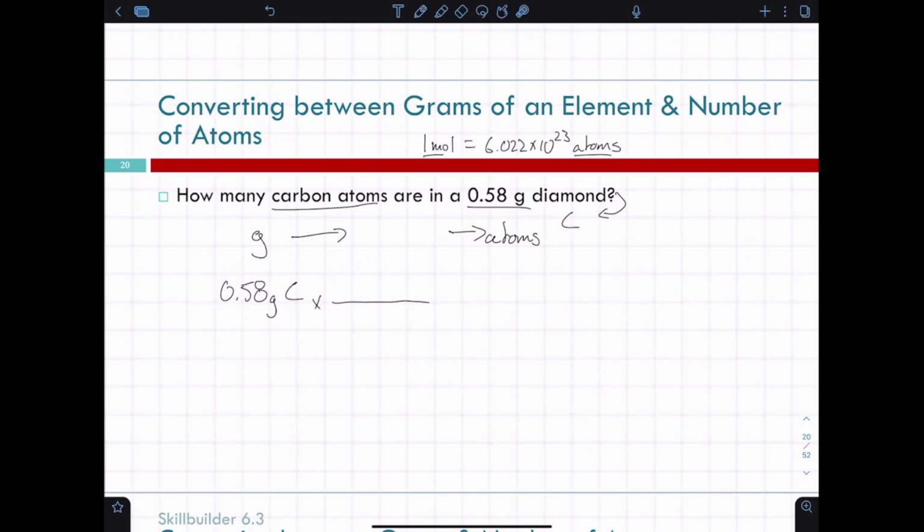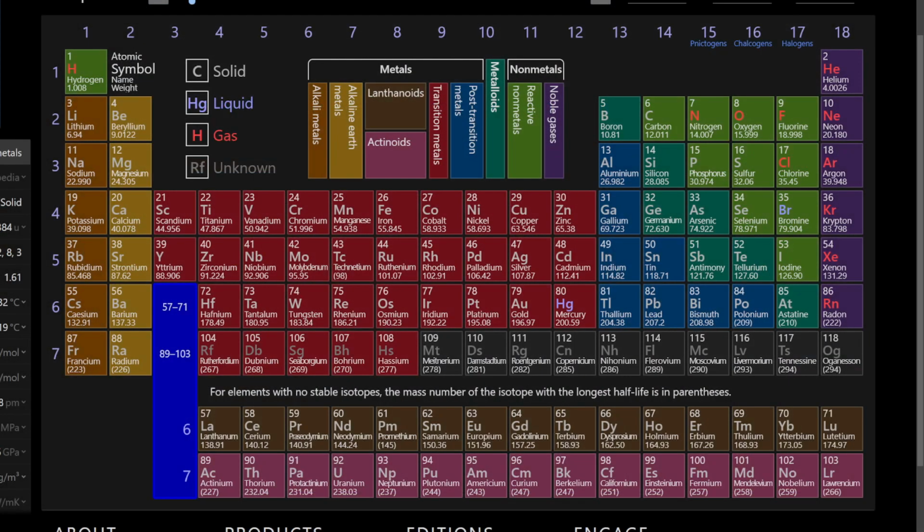So this will get us from moles to atoms. We can almost work backwards from here and say, to get to atoms, we have to know how many moles we have first. And then we can get from grams to moles, and that's the conversion factor that we just talked about, the molar mass.